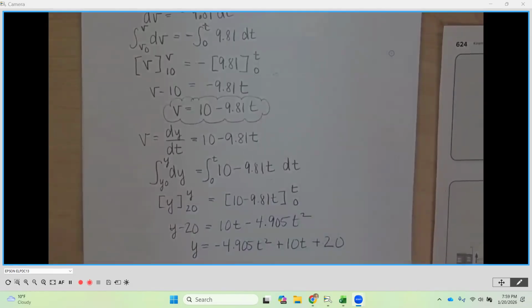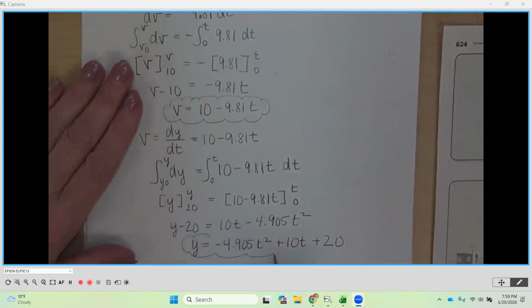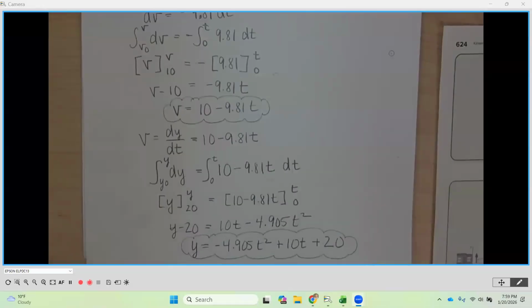Does that make sense? Okay. And this is the equation for the line on my position curve. So again, integrating twice.